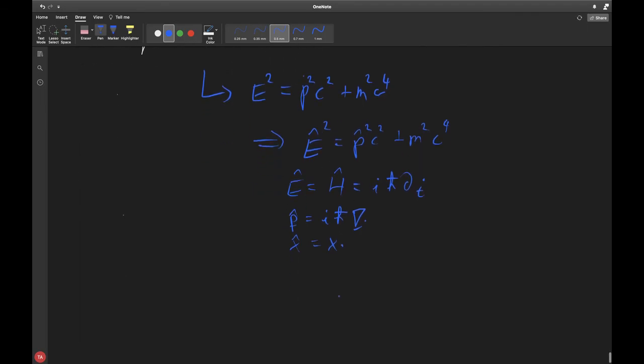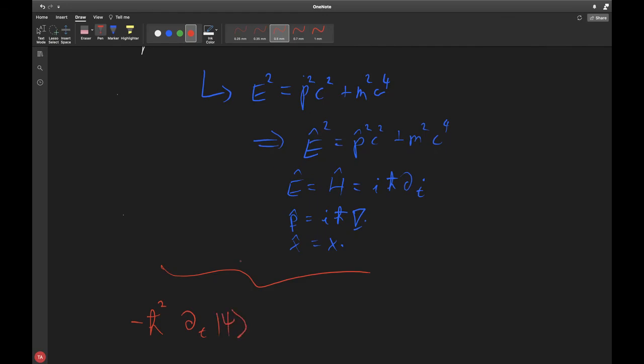So if we plug all this in, then what we get is minus h bar squared, then the time derivative of the psi.